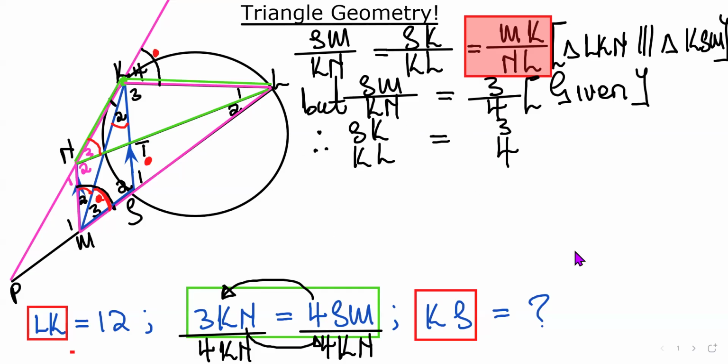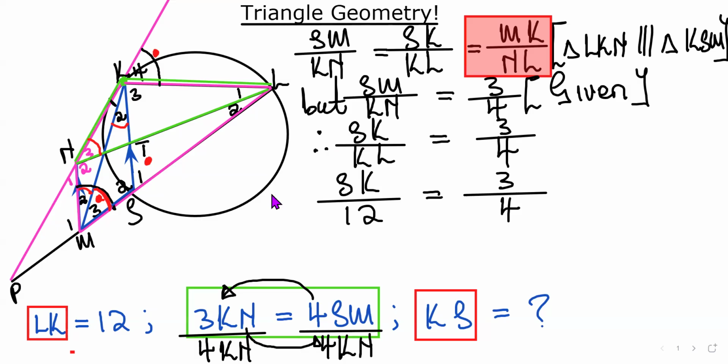And here we are looking for SK. But we know the length of KL. It's given to us as 12. And if we now multiply these two, then that's fine. We can easily find the length of SK.